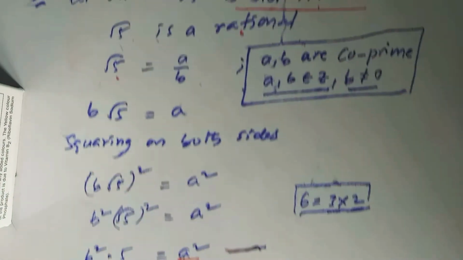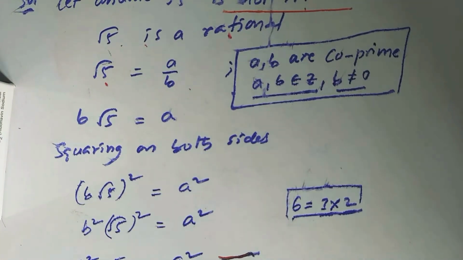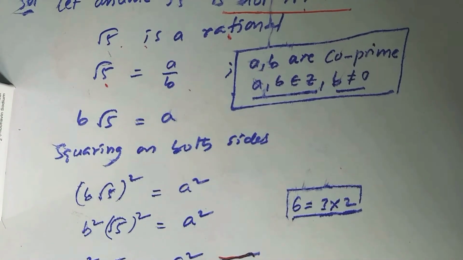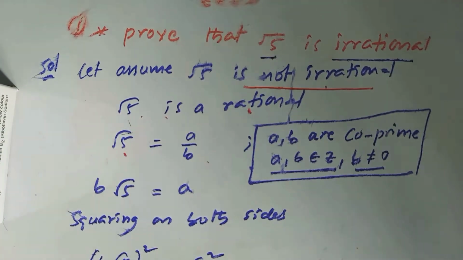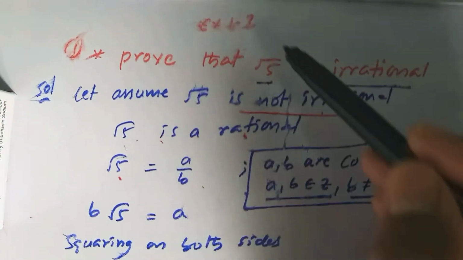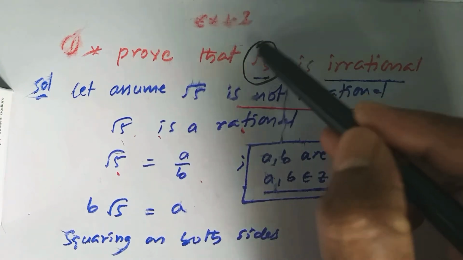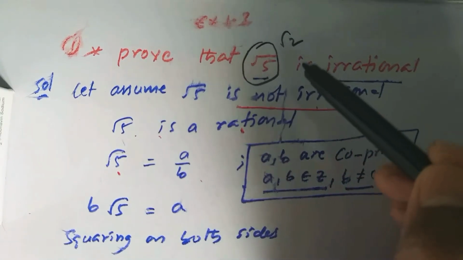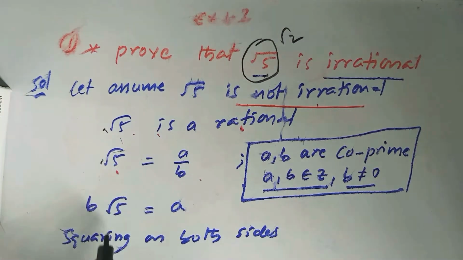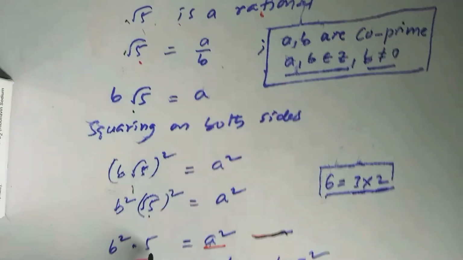So if you are perfect in this problem, here it is given as root 2. So here root 2 will come, and here 2 will come.